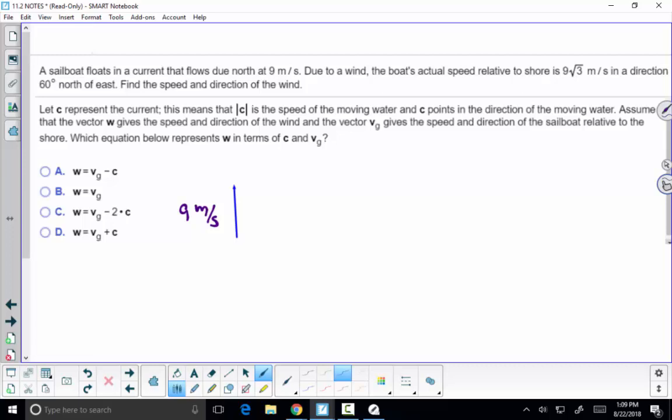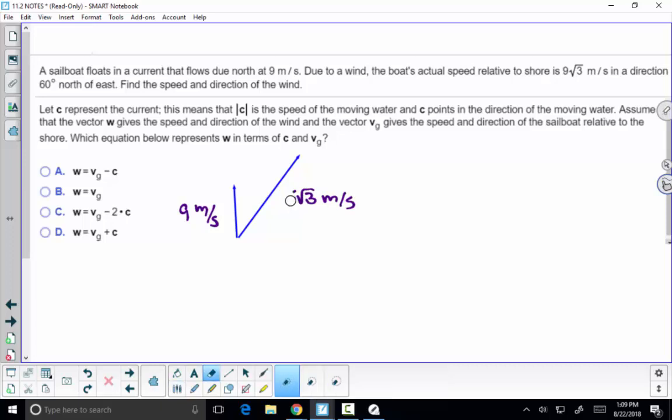So east and then 60 degrees north of east. So this is the course. Probably something like that. And we'll call that 9√3 meters per second.